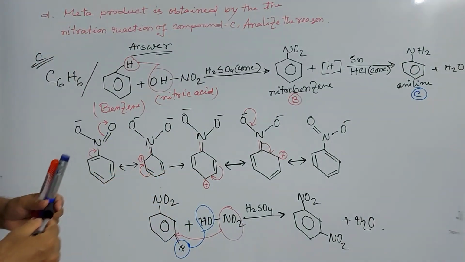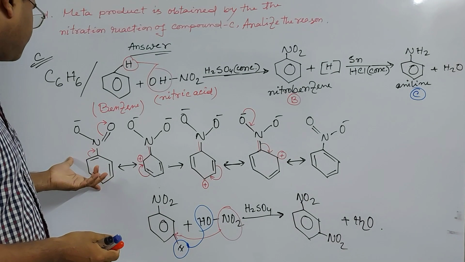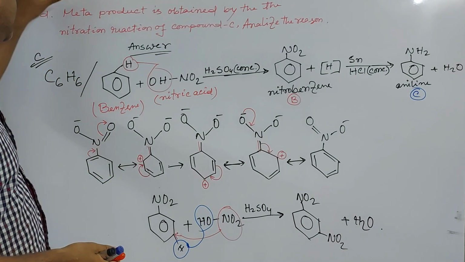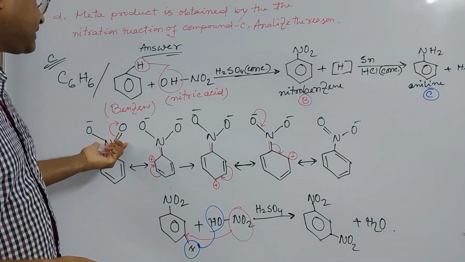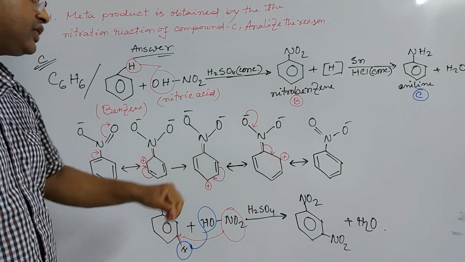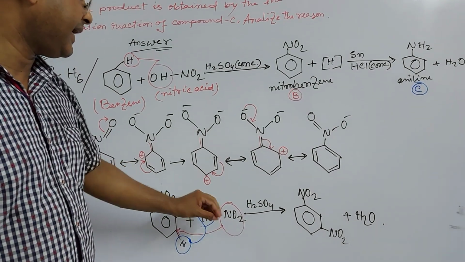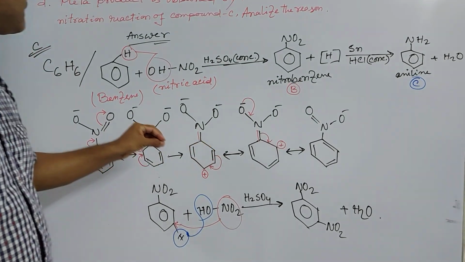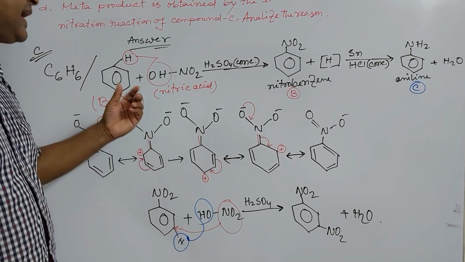My dear students, in a sentence, if I say the answer of this question, it will be that the nitro group decreases the electron density of the benzene ring by resonance. As a result, the electrophile attacks the benzene ring very slowly, so it is said that the nitro group is an electron deactivating group.